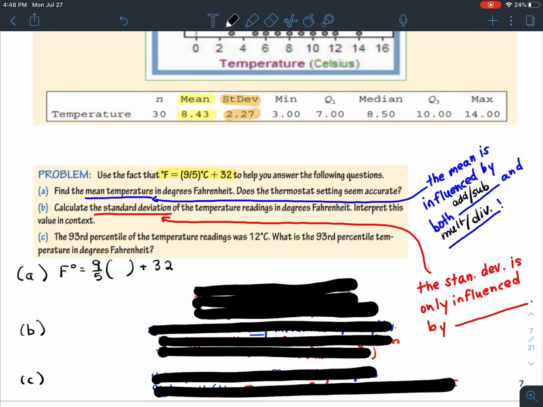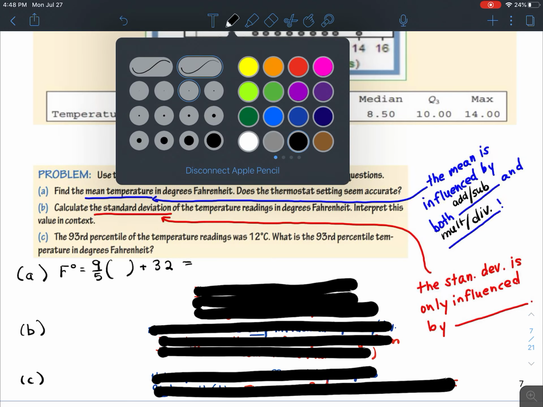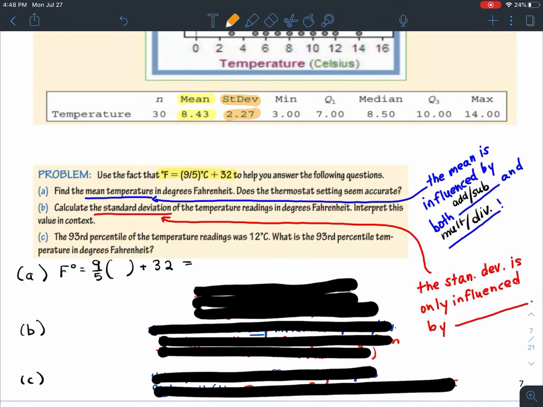and what I'm plugging in for the Celsius temperature is this mean value right here of 8.43. That mean needs to be multiplied by 9/5 and have 32 added to it.